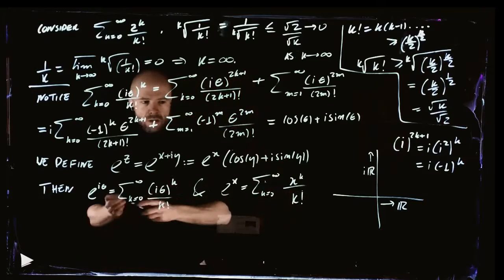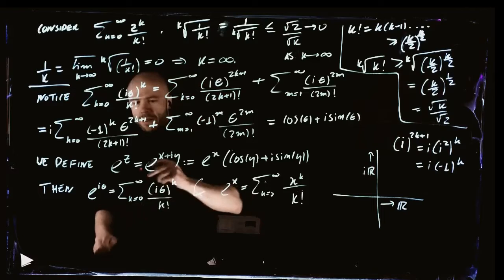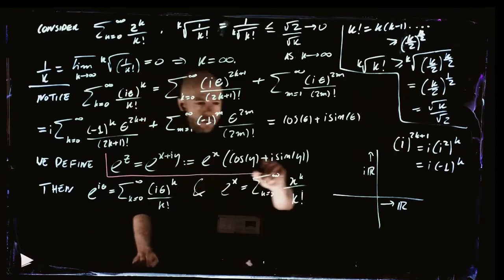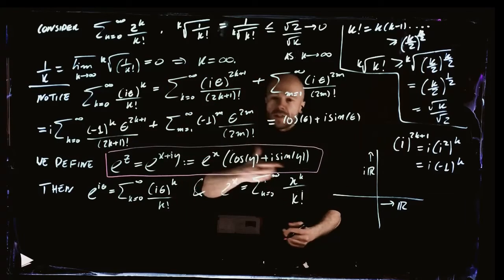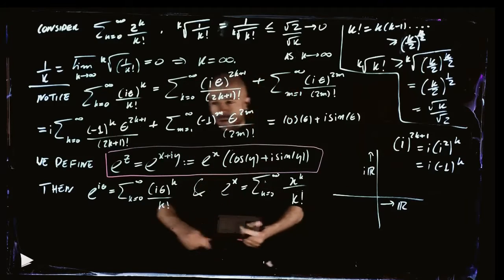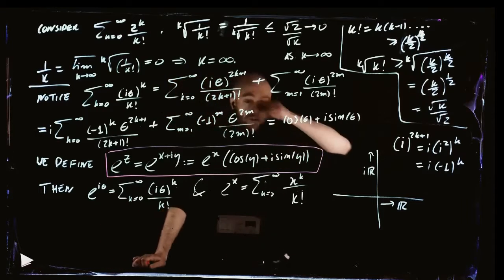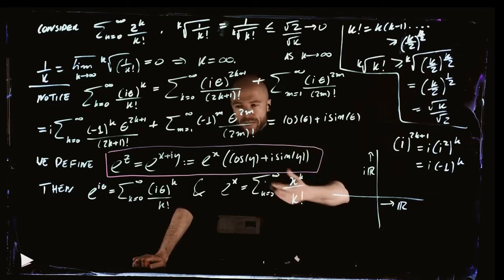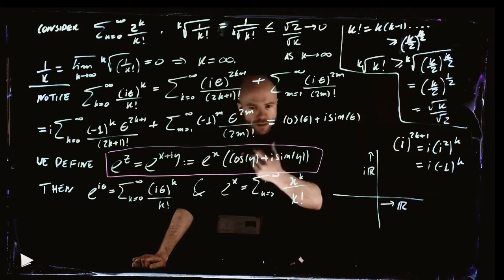What you can check pretty easily is that if you define this function like this, and this is a perfectly well-defined function from the complex numbers to the complex numbers, then this thing satisfies the Cauchy-Riemann equations. Just do that calculation. However, based on what I've shown you, that doesn't imply that it's holomorphic yet, because what I've shown is that if it's holomorphic, then it satisfies Cauchy-Riemann.